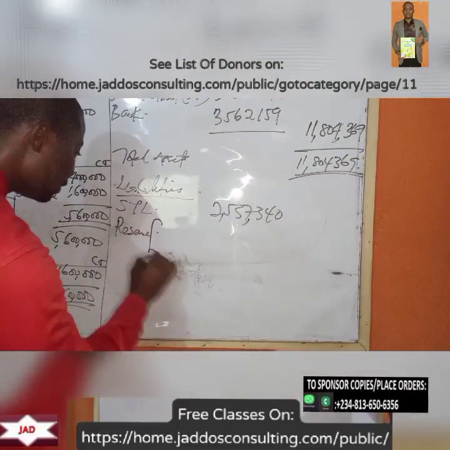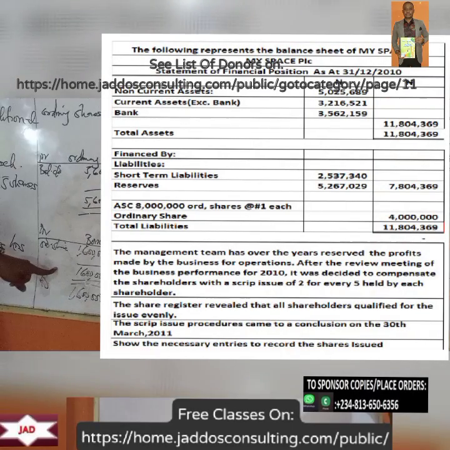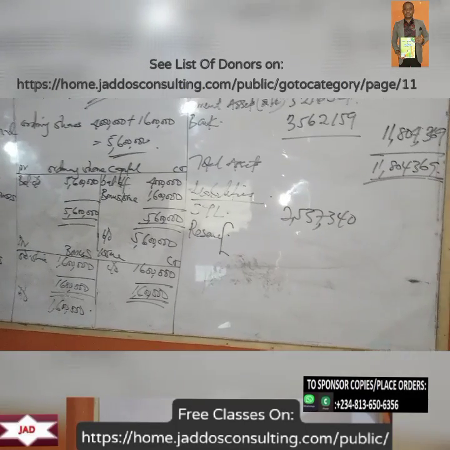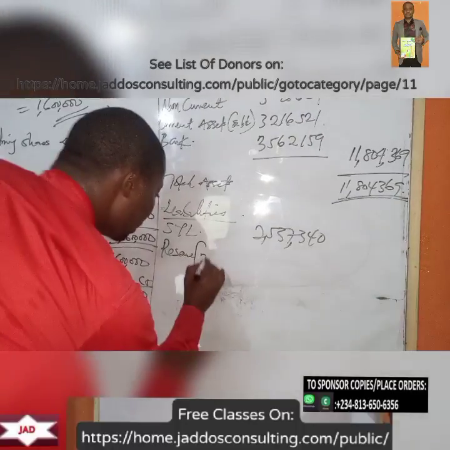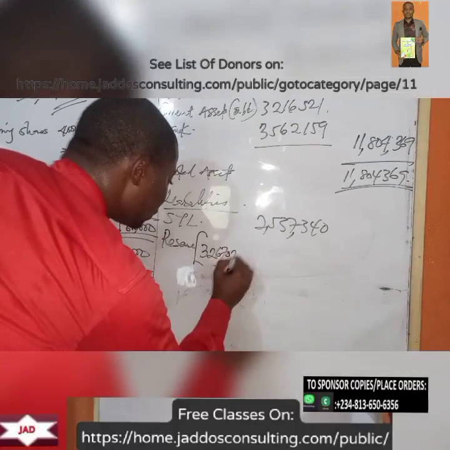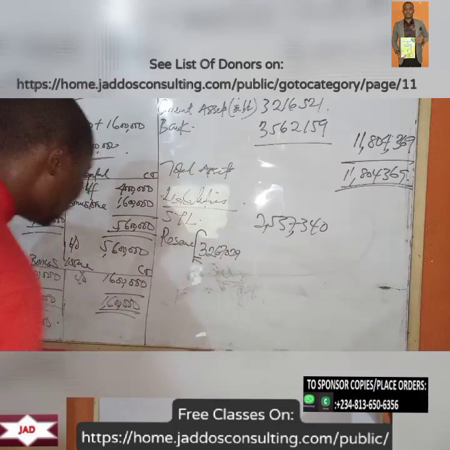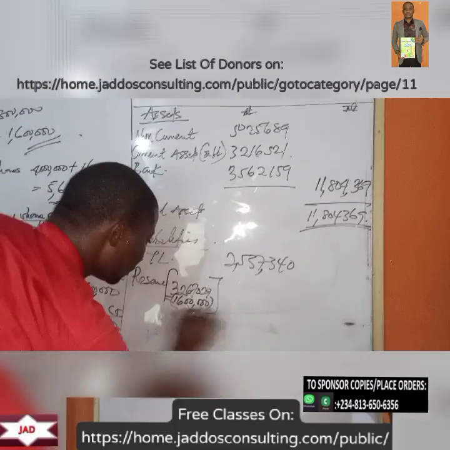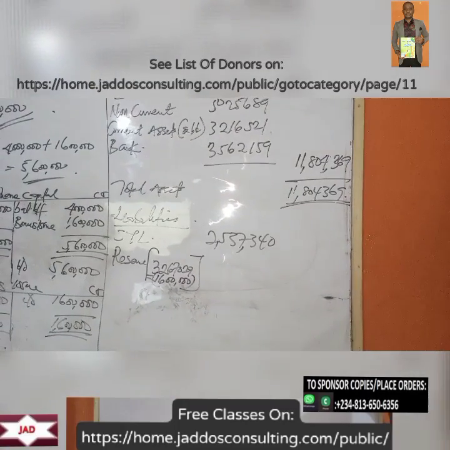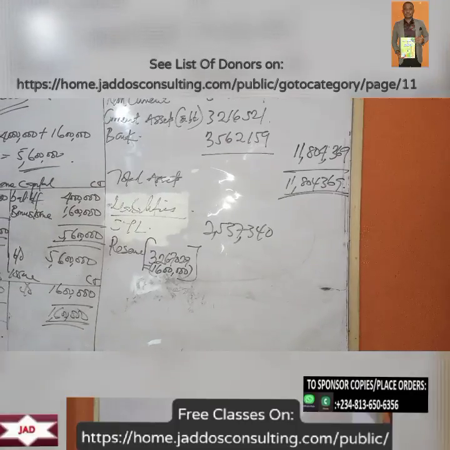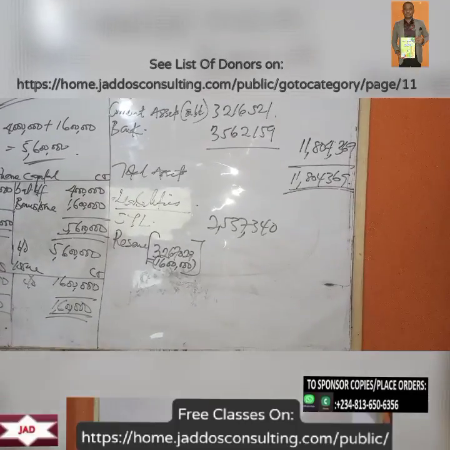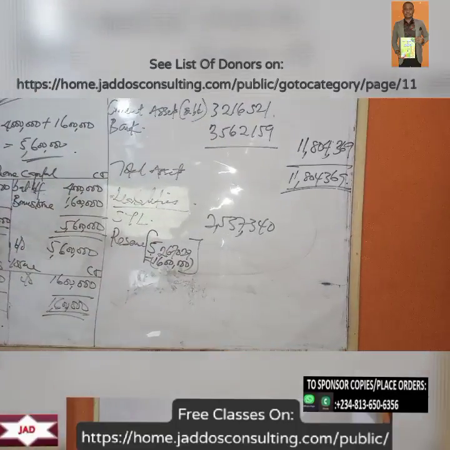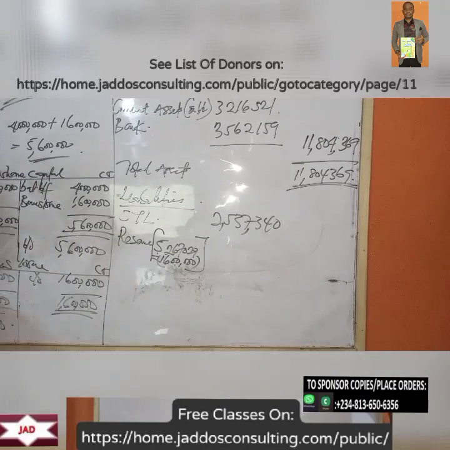Our reserve will reduce by the bonus issue, which is 3267029 minus 1,600,000. So what do you have there? Our reserve is 5267029.